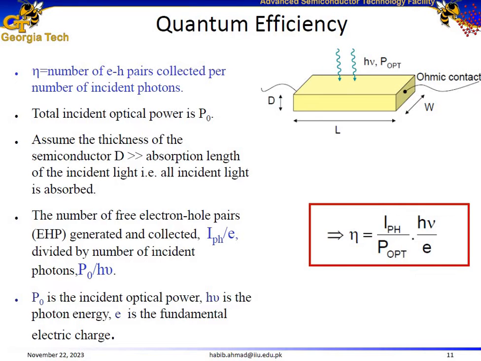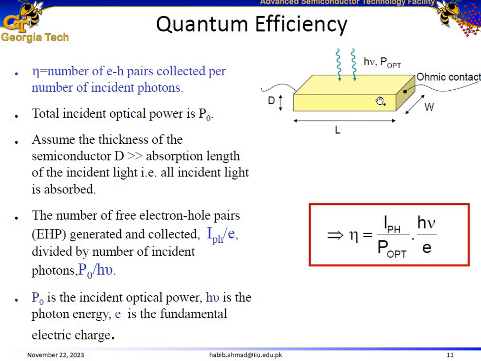Thirdly, even if the energy of the incoming photons is greater than the band gap and the light gets absorbed by this photodetector block, resulting in the generation of electron hole pairs, with the passage of time there is a chance that some of the generated electron hole pairs would recombine once again due to different recombination mechanisms: Auger recombination, radiative recombination, or Shockley-Read-Hall recombination.